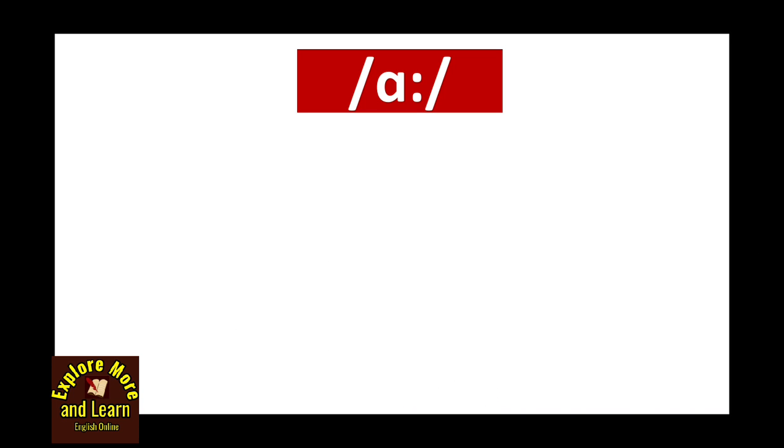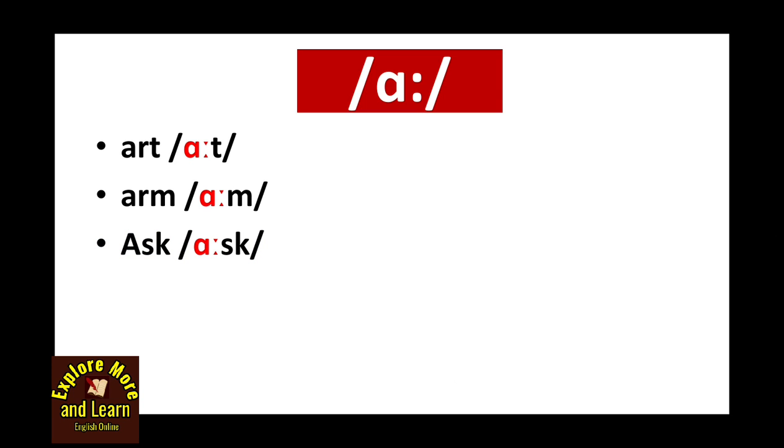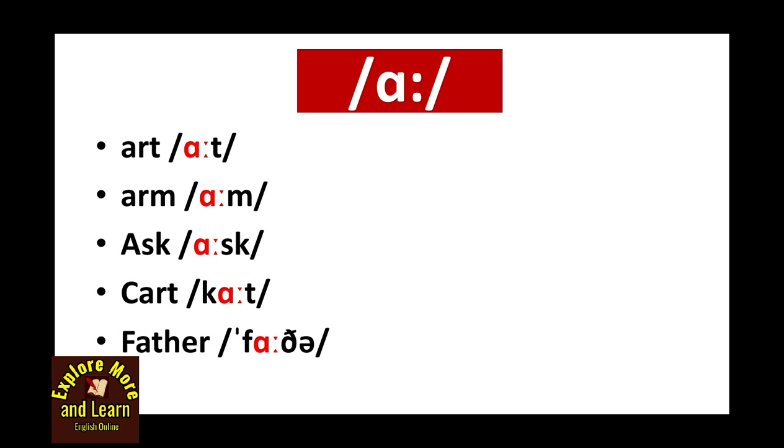Now another sound which we get by the letter A is A. And this is a sound symbol which we use to write the sound A, which we get by the letter A. For example, art, arm, ask, cart. Here also letter R is silent. In art, arm, cart, father. So in this way, letter A is pronounced as A. Okay?